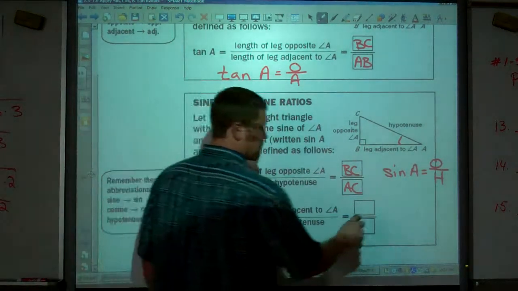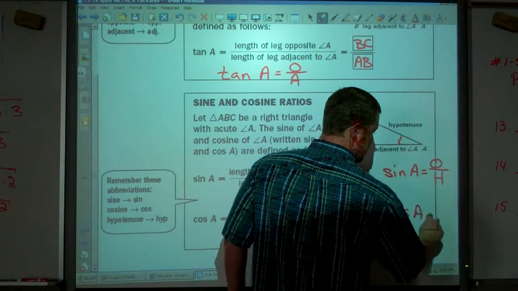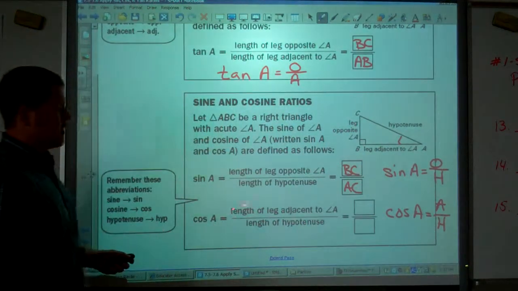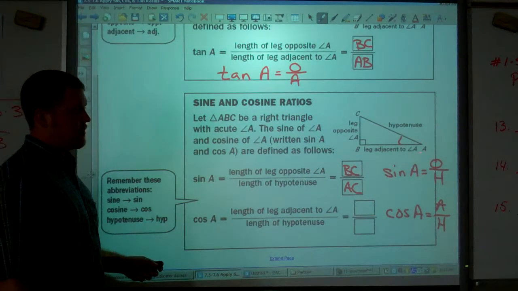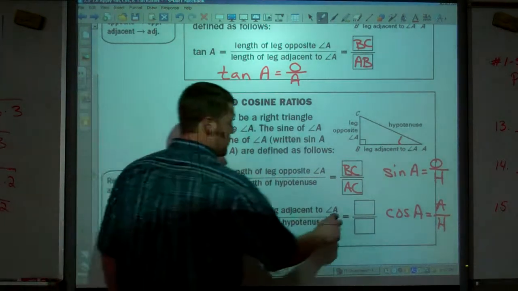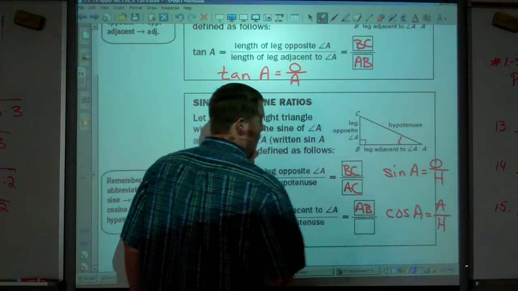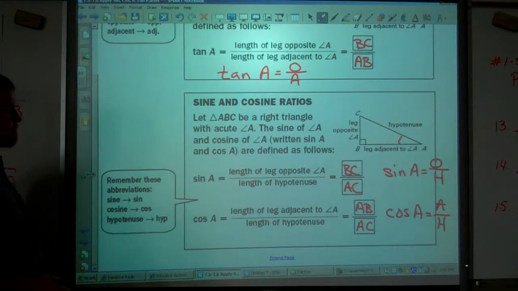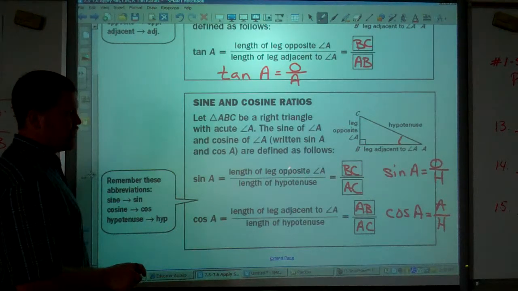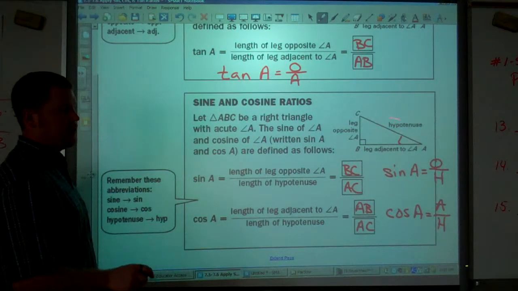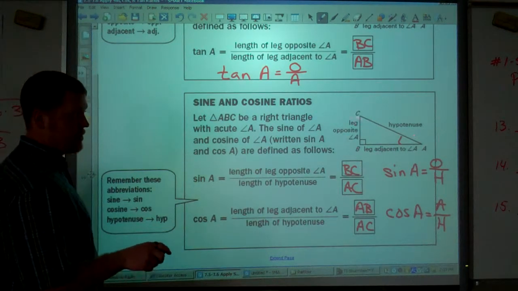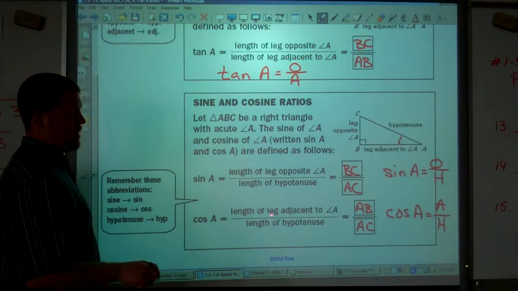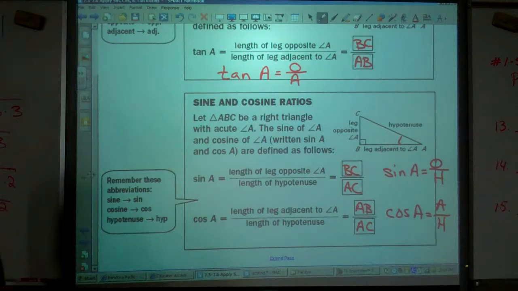Cosine of angle A is adjacent over hypotenuse. So the length of the leg adjacent to angle A is AB, over the hypotenuse, which is still AC. When we're talking about opposite and adjacent, we never refer to the hypotenuse as opposite or adjacent. Opposite and adjacent refer to a leg. Hypotenuse is always the hypotenuse.